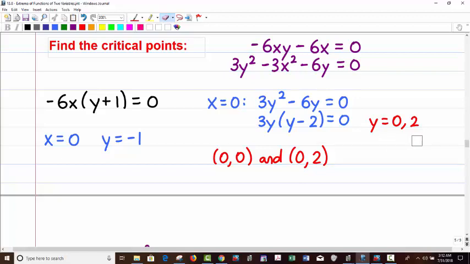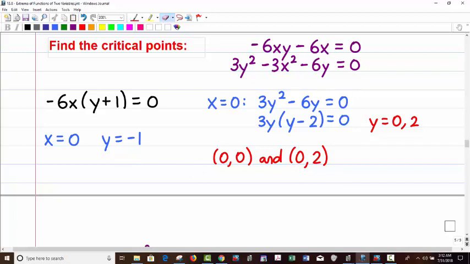So y equals 0, 2. Both those y's pair up with that x, so you have (0, 0) and (0, 2). We have those two critical points for sure.